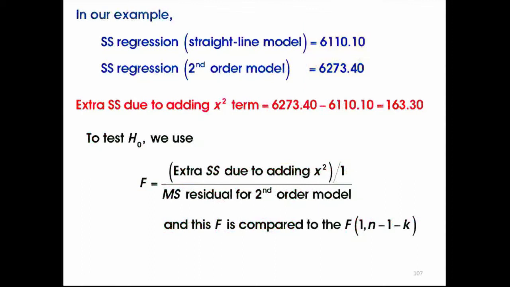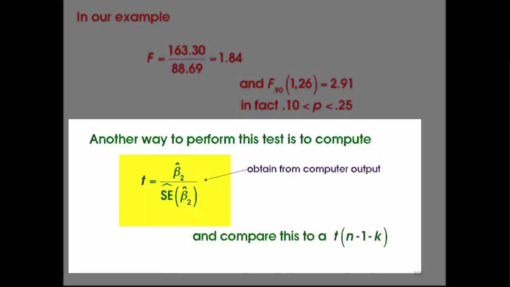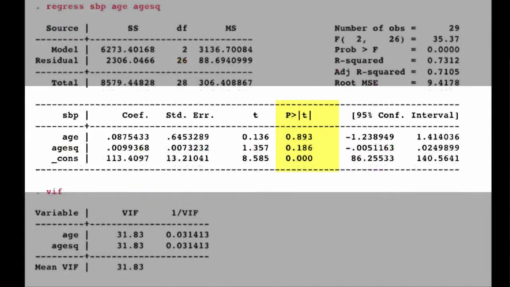That's asking the question: is the addition of x squared to a model that already contained x significant? This t-test is exactly the same thing. T, which is beta hat 2 over the standard error of beta hat 2, is asking whether beta hat 2 is significant if you already had a model that had beta hat 1. So is putting in the new term statistically significant? These are, in fact, the partial F tests.